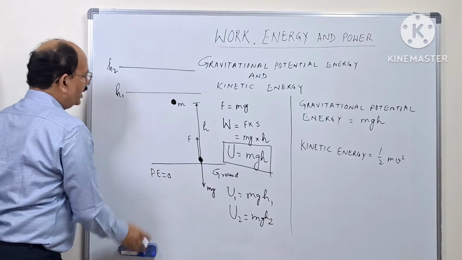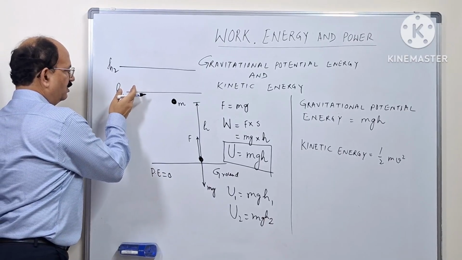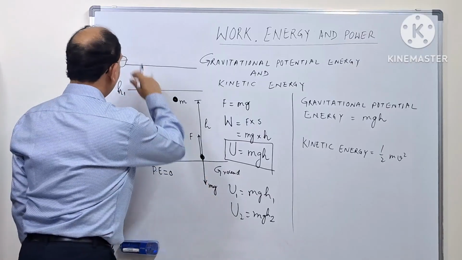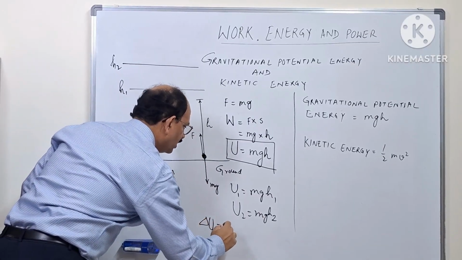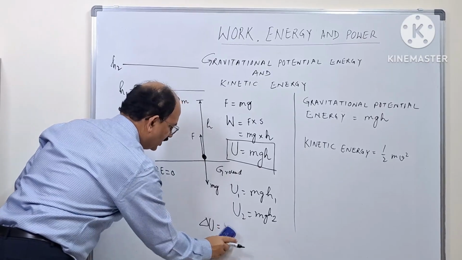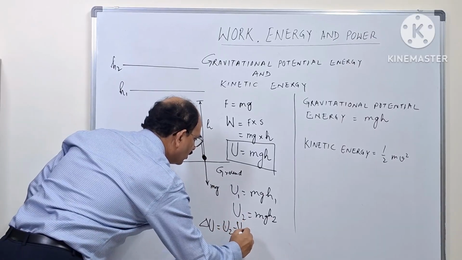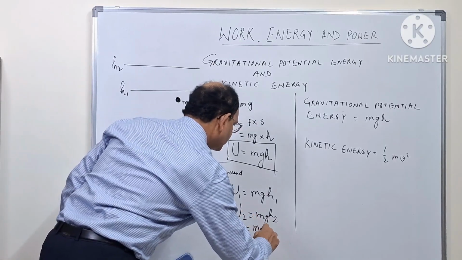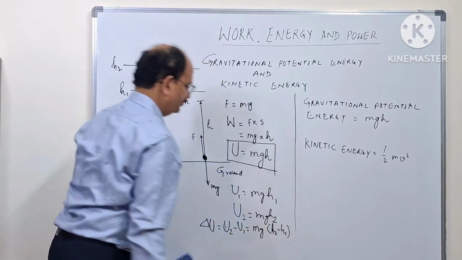Or you can say that the work done in moving the ball from height h1 to h2, that is the change in gravitational potential energy, will be equal to U2 minus U1, which will be equal to mg times (h2 minus h1).